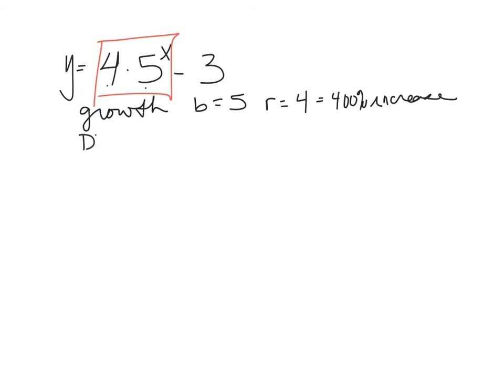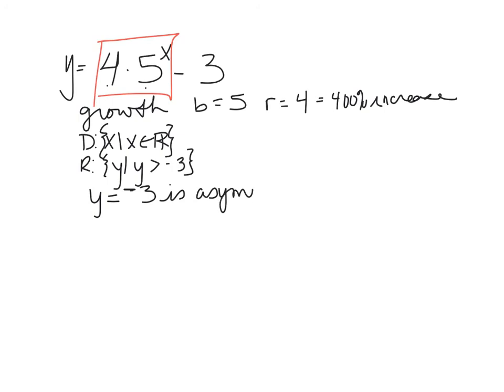The domain, again, is all real numbers. And my range would be greater than 0, but this translation is down 3. So y is greater than negative 3, which means my asymptote is y equals negative 3.